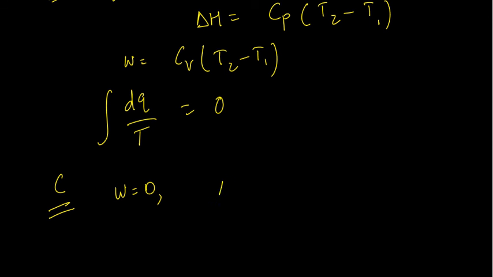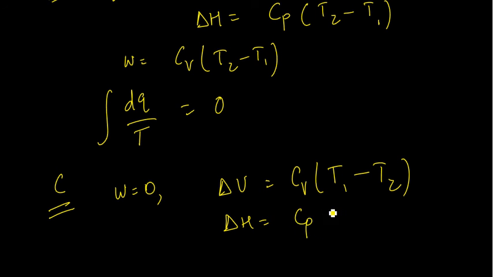Delta U would be final minus initial. Okay. What else are we left with then?